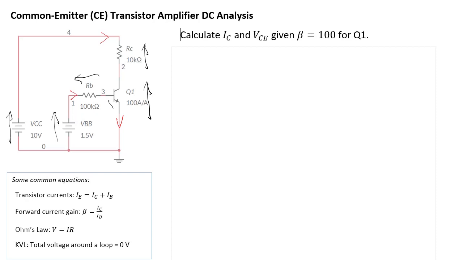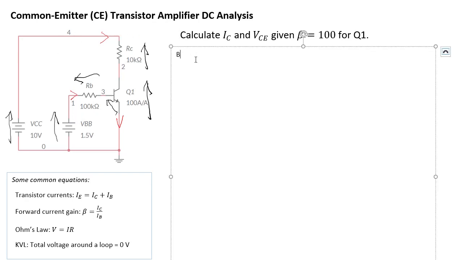So that's VBE. In this loop, you have VBB, VRB, and VBE, so you can write an equation for the loop.